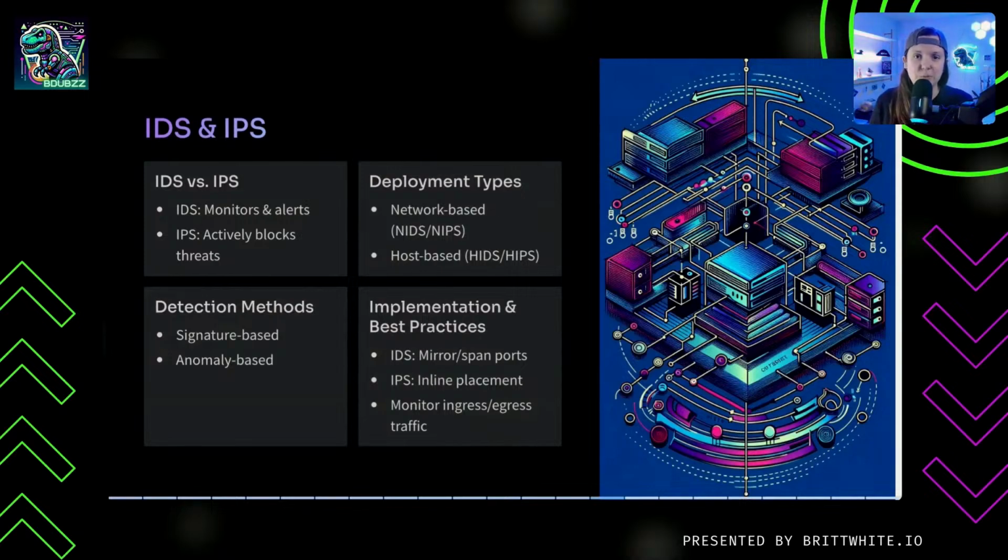These systems use 2 primary methods to detect threats. The signature-based approach works a lot like antivirus software, matching traffic against known attack patterns. The anomaly-based method is more sophisticated. It uses machine learning to understand what's normal for your network and flags any unusual behavior.